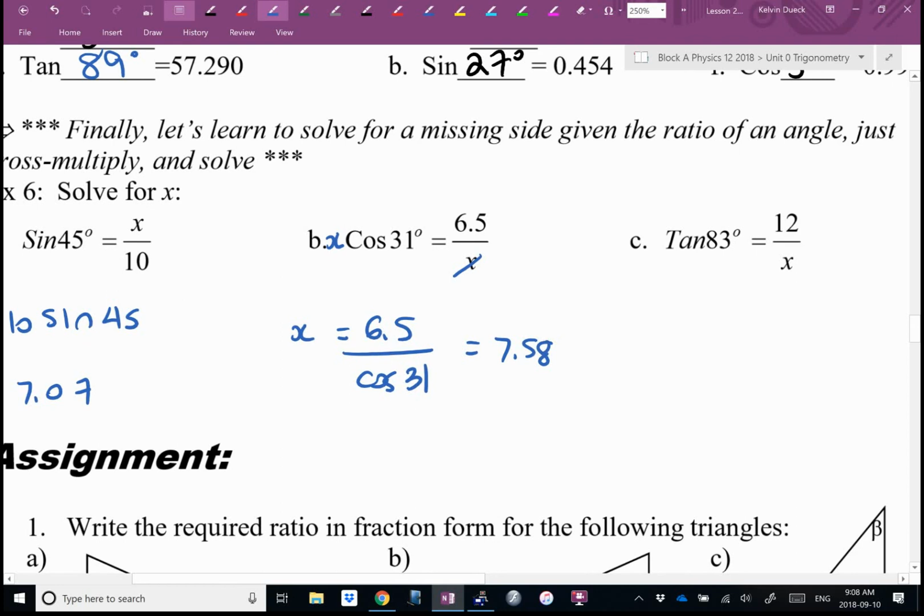Those are going to be the main two types of questions you get. There's three types of questions in right angle trig. The x is on the bottom, the x is on the top, or you're finding an angle using the shift button. We're going to practice all of those next class.